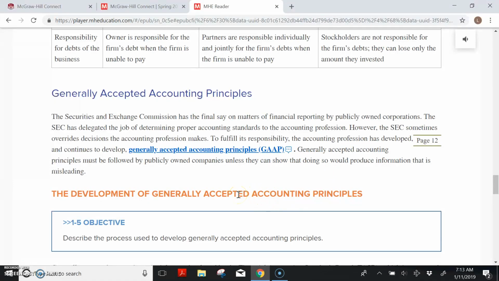GAAP are the rules of accounting and something that accountants use constantly. GAAP is very important. It's introduced here in Chapter 1. We'll mention GAAP during the rest of the semester, but GAAP is more fully discussed in more advanced accounting classes.